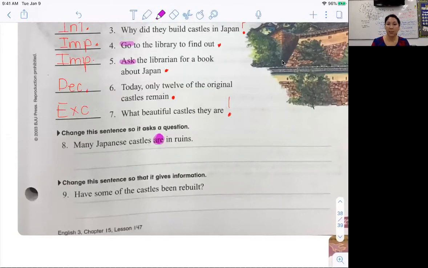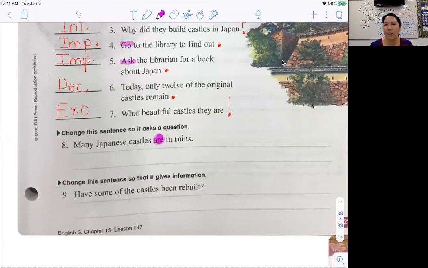Are many Japanese castles in ruins? Did you see that? And I didn't even change any of the words. I just put are in the front. Many castles are in ruins. Are many Japanese castles in ruins?